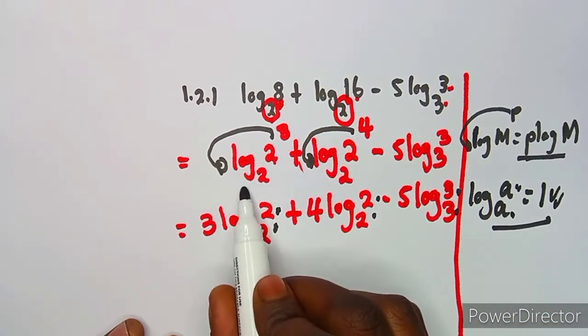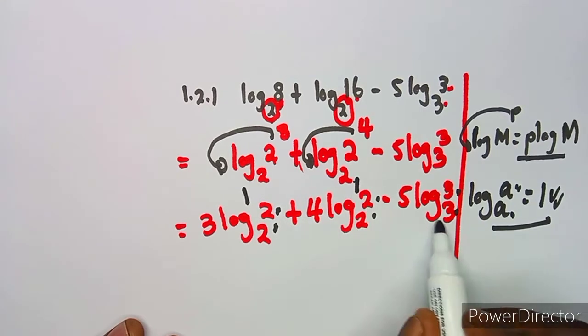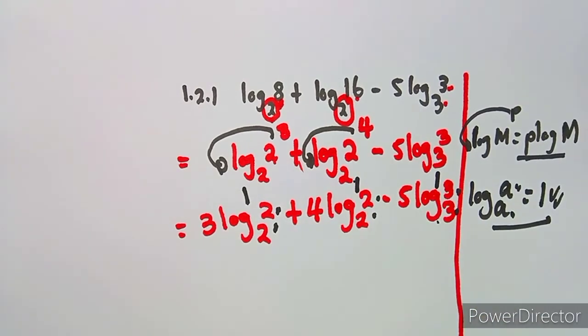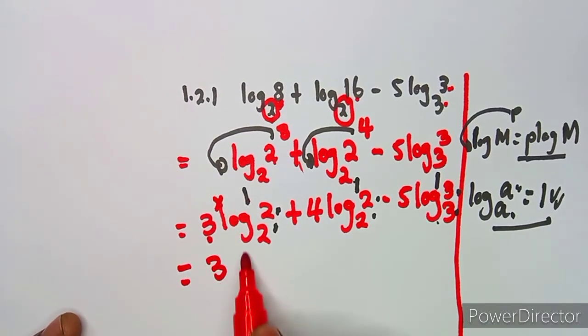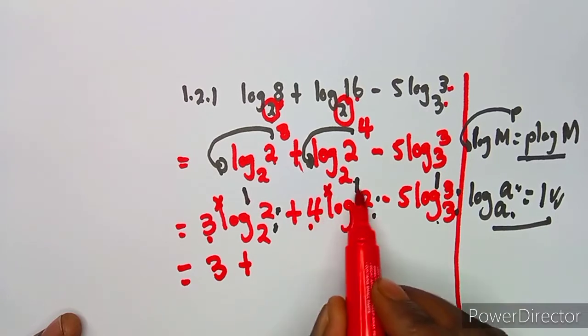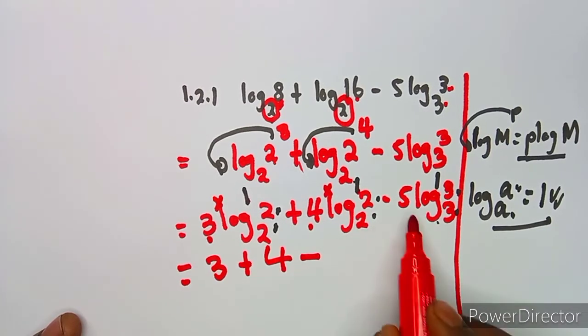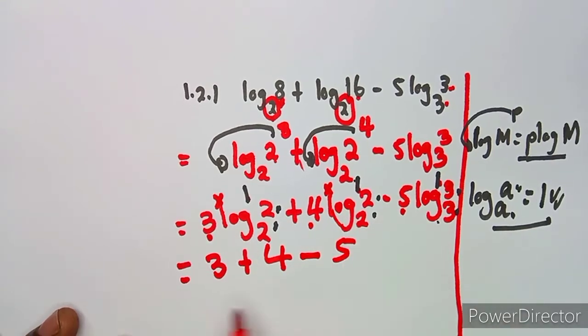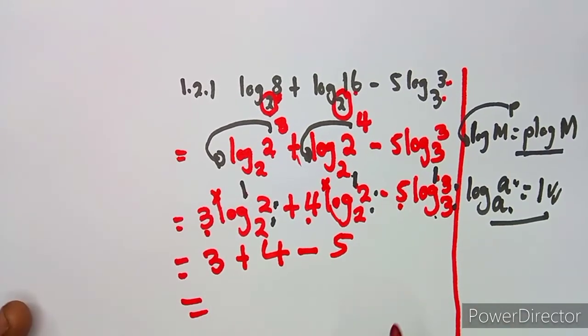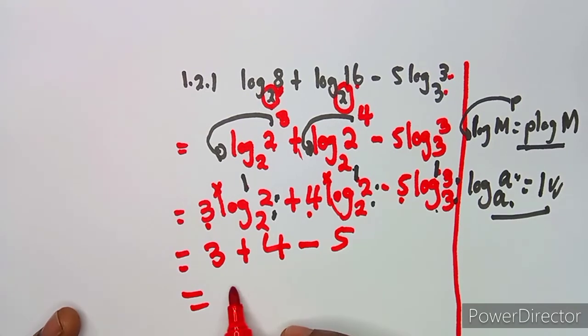So this is going to give us 1, this is going to give us 1, this is going to give us 1. So at the end, this is what you're going to have. It is going to be 3 times 1, which is 3, plus 4 times 1, which is 4, minus 5 times 1, which is 5. So you can add 3 plus 4 minus 5, which is going to give us 2. That's 7 minus 5, which is 2.